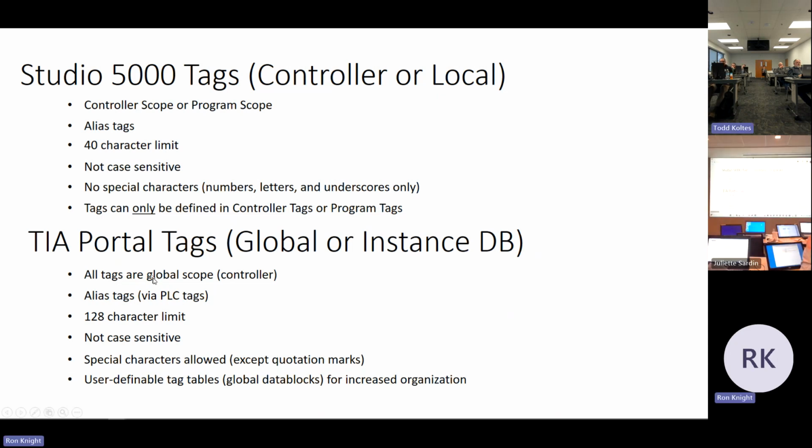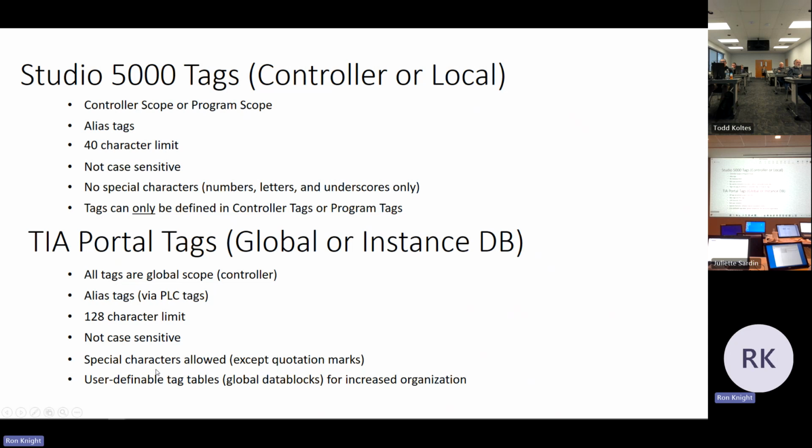In Portal, all tags are global. We don't have that program structure like you do in Rockwell. There is no idea of these local tag names. We've talked about alias tags. They're called PLC tags. 128 character limit. Please don't do that. They are not case sensitive, just like in Rockwell.